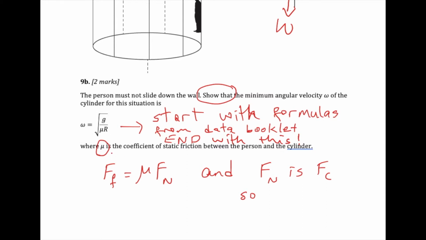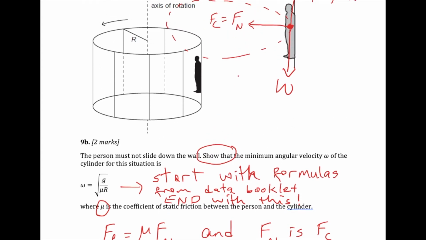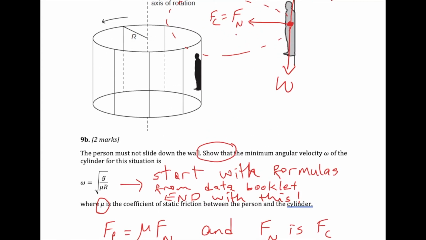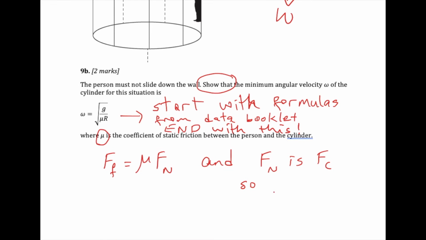So things we know that involve the coefficient of friction: force of friction is equal to coefficient times the normal. And we also know in context, the normal force is providing the centripetal force. So what I do will be setting the normal force equal to the expression for centripetal force, which would be mv squared over r.